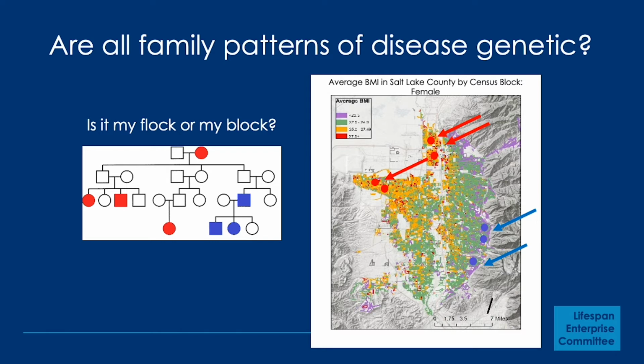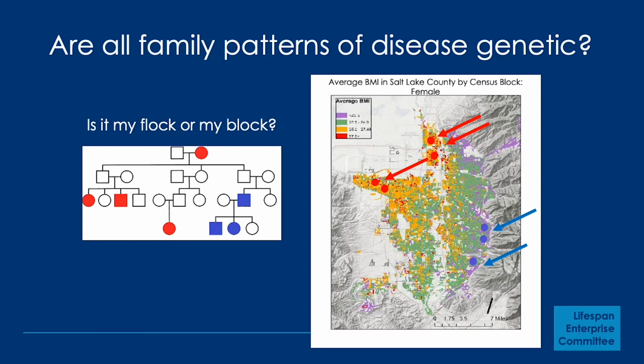In this figure, you see on the left-hand side a pedigree, and on the right-hand side, a map of Salt Lake County, Utah. The phenotype in question is BMI, with red representing higher BMI and blue representing lower BMI.